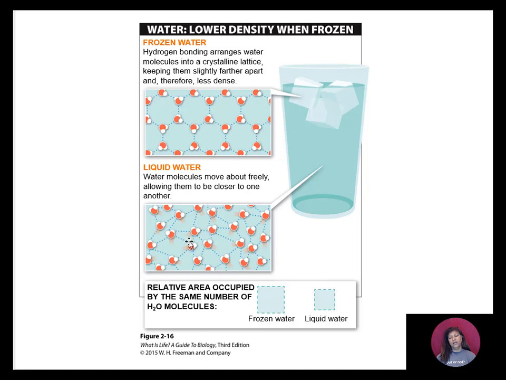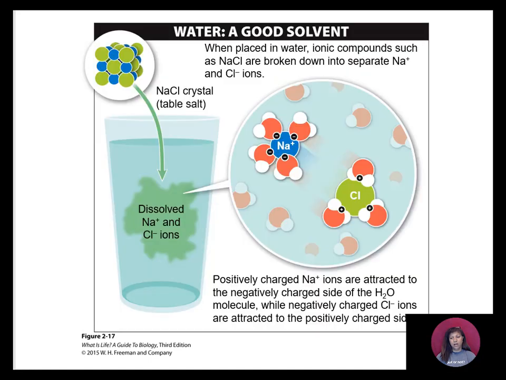When they're in the liquid state, the water molecules have a higher density and are closer together. Once they freeze, they're in this lattice-like structure, further apart and less dense. The less dense an object is, the more it's going to float, right? So that's why ice floats on water.